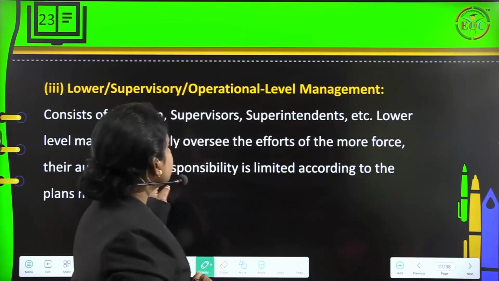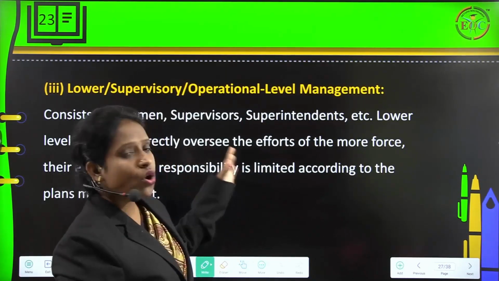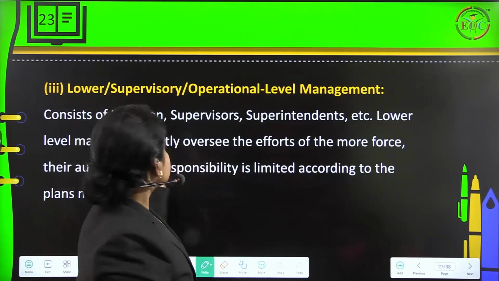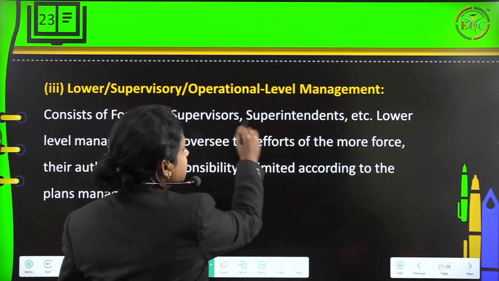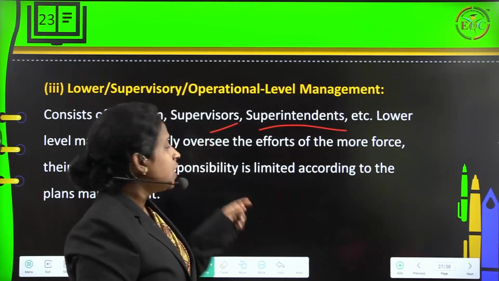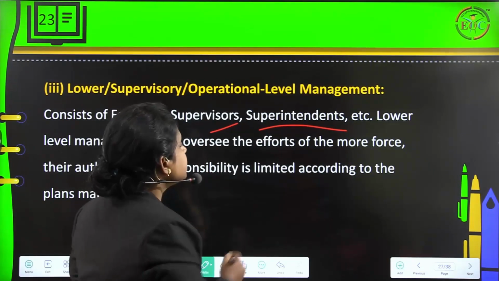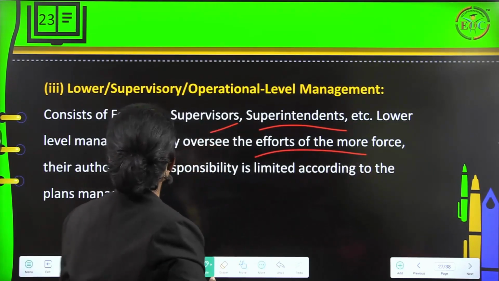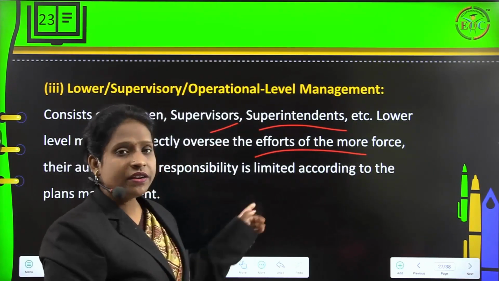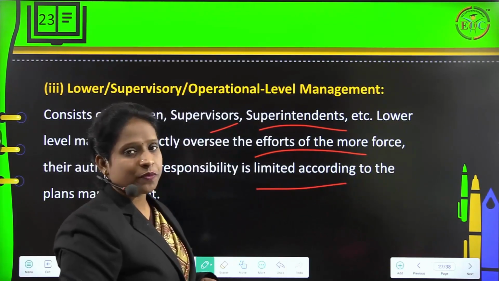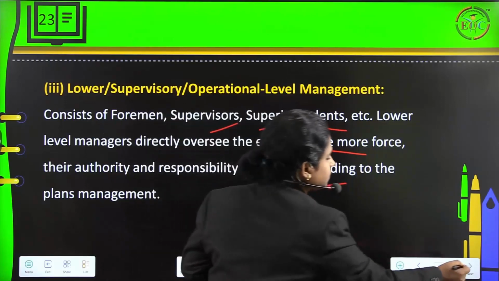Then, lower or supervisory level, which we also call operational level management. This consists of foreman, supervisor, superintendents, etc. Lower level managers directly oversee the efforts of the workforce. Their authority and responsibility is limited according to the plans of management, right?